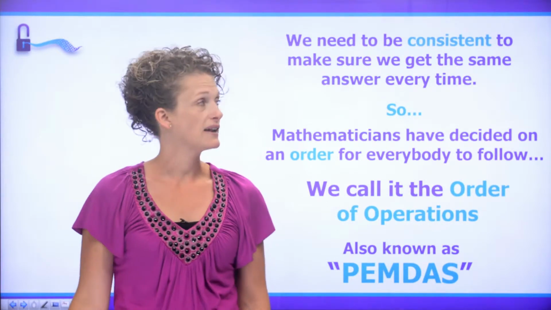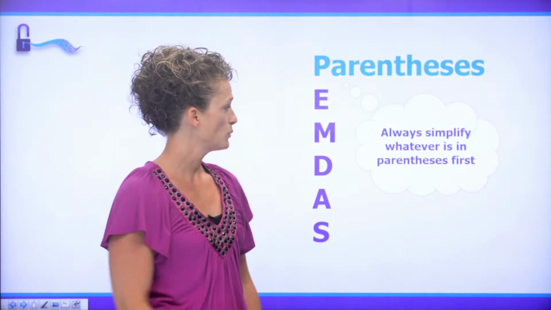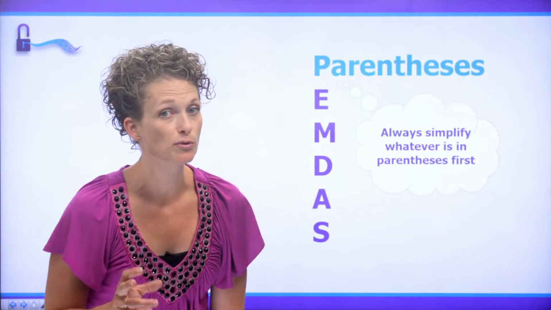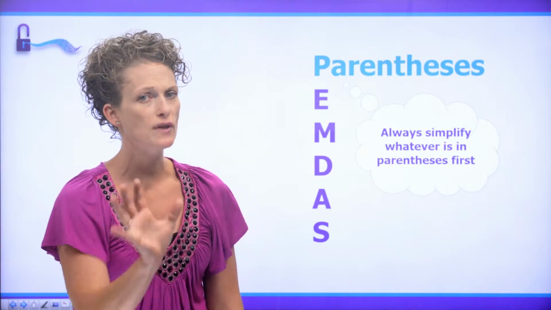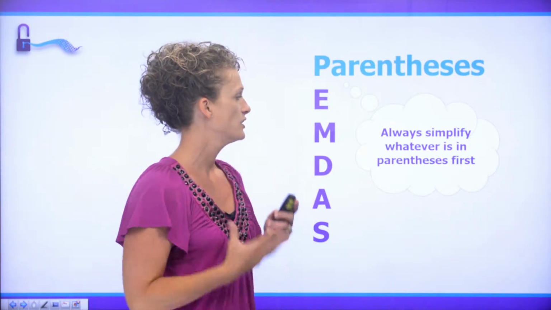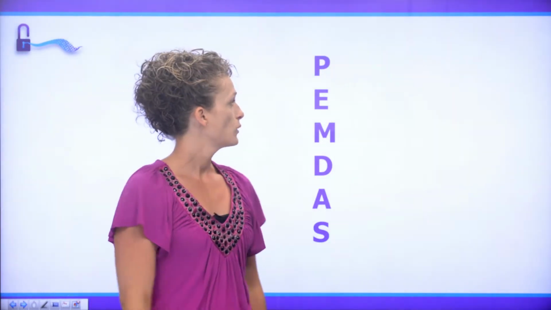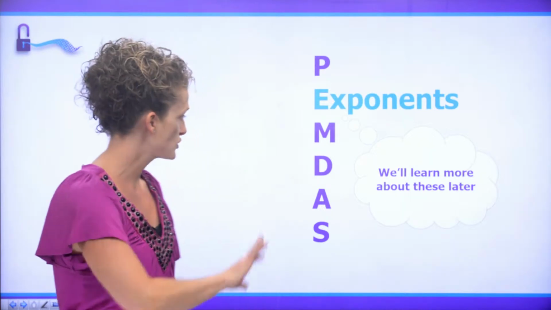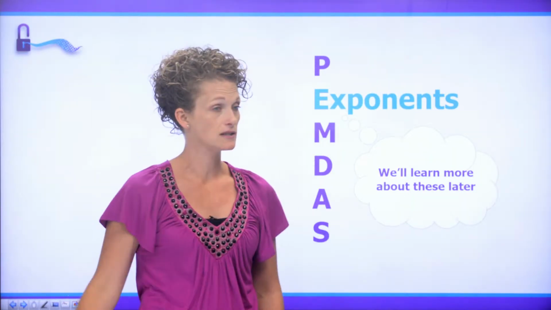Now, PEMDAS is an acronym, and the P stands for parentheses. And what that means is that whenever you see parentheses, you always do that first. Whatever is inside, that's what you do. Now, we have heard of exponents, I'm sure, but we're going to be talking about that in a future lesson. So for now, we're just going to say that's what the E stands for.